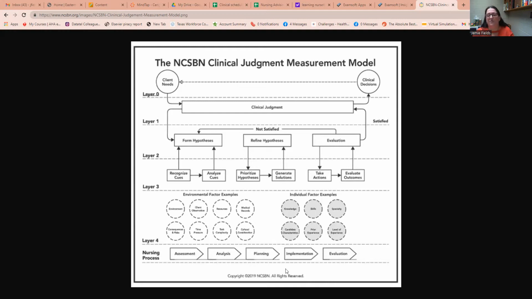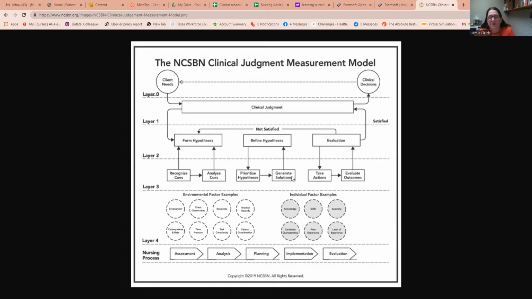We move back and forth. Okay, I may be doing all of these steps each time I'm in the room, and constantly reevaluating where that patient is in relation to my goals of care. So the clinical judgment model has several layers. Okay, I want you to look at layer 3, and we're going to compare it to the nursing process.